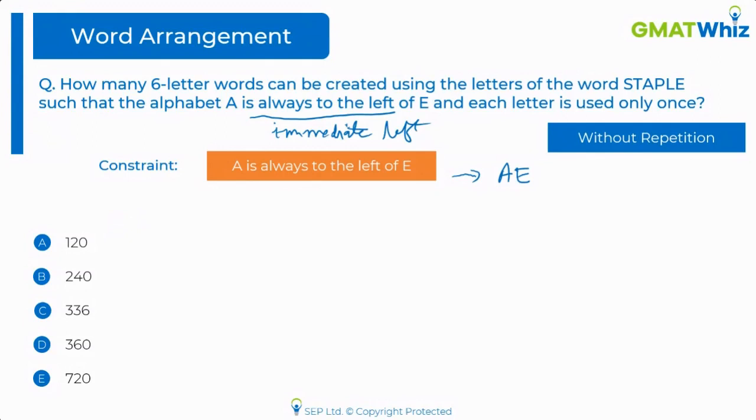Let me create a poll very quickly. When I say verbal, I mean because of lack of proper reading, lack of proper understanding. I'm just talking to those who marked choice A: you understood that always to the left means immediate left.